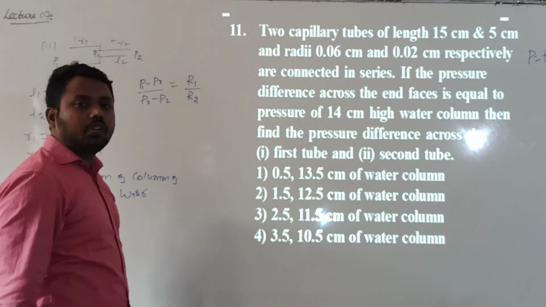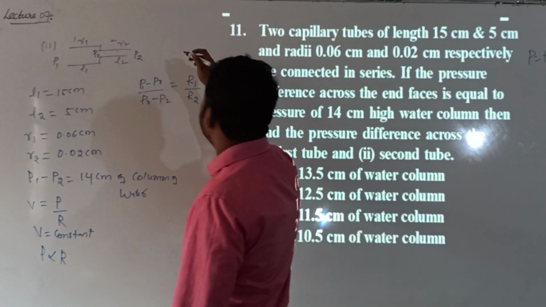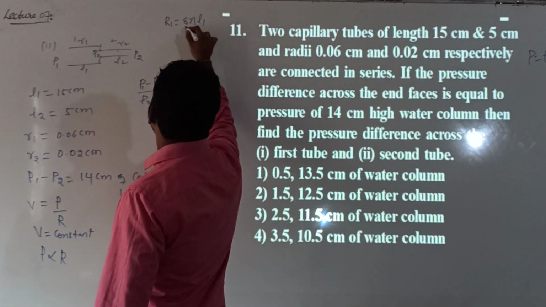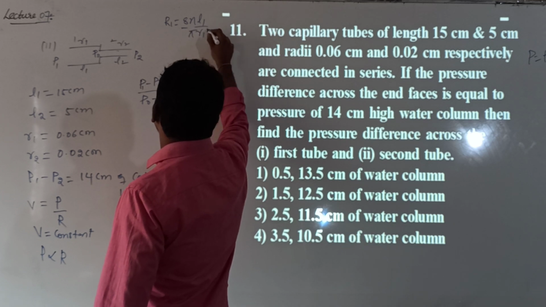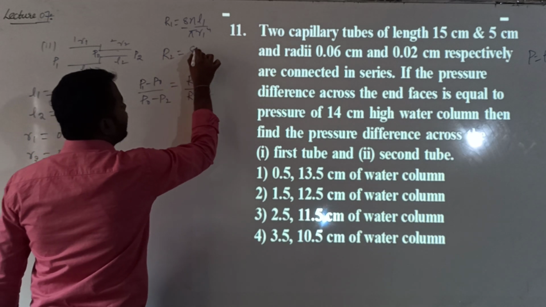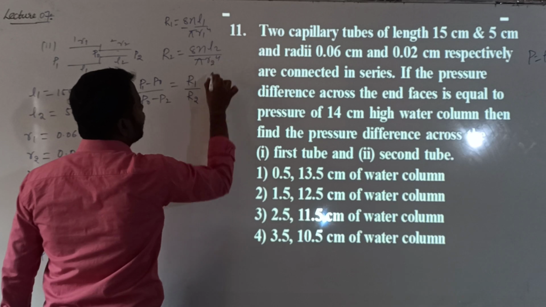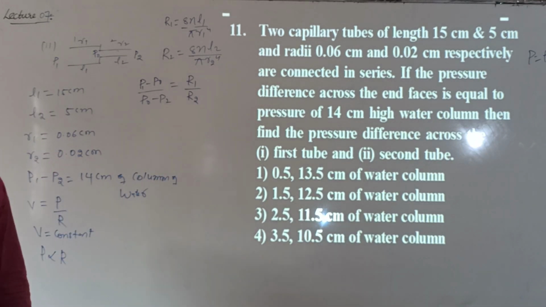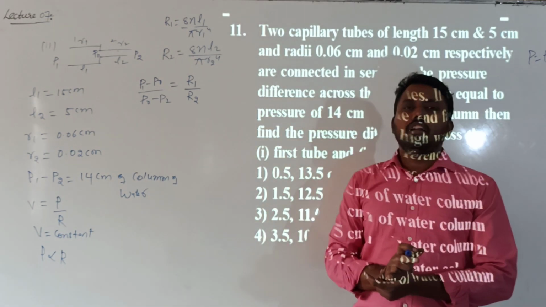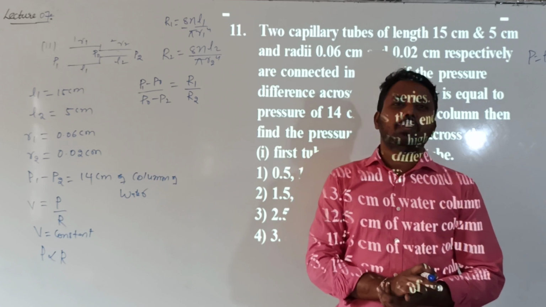Here R1 and R2 are the fluid resistances. The fluid resistance R1 is equal to 8 eta L1 divided by pi r1 power 4. Similarly, R2 is given by 8 eta L2 divided by pi r2 power 4. Clear? That is called fluid resistance, the opposition offered by the tube to the flow of fluid through it.